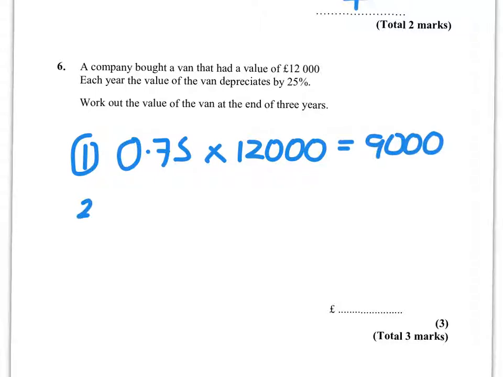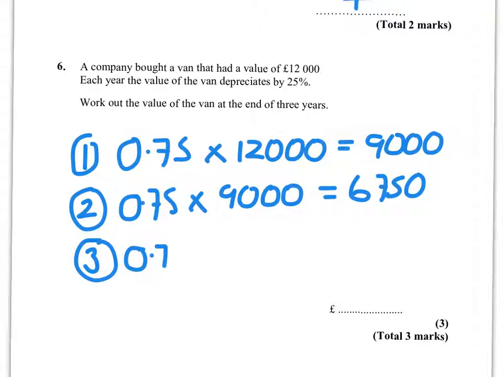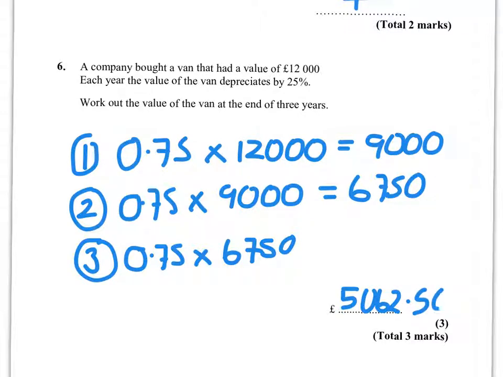At the end of the second year, we want 75% of 9,000, which is 6,750. And then at the end of the third year, we want 75% of the 6,750, and that gives us an answer of £5,062.50. Again, be very careful, 2 decimal places.